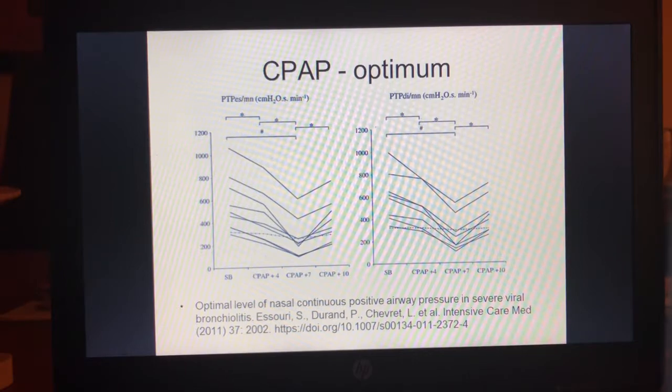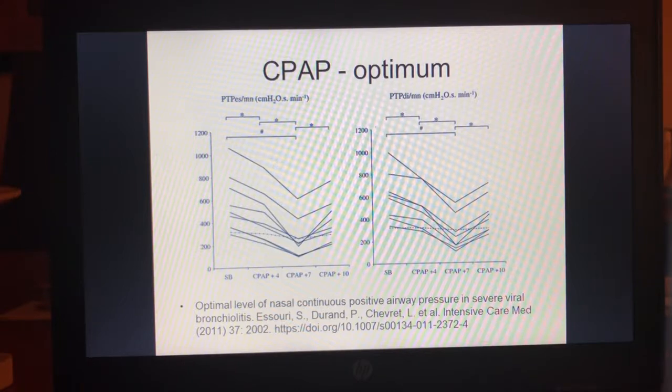And you can see in the left-hand graph that SB, which is spontaneous breathing, shows a degree of work of breathing, and that is clearly significantly reduced by introducing CPAP of 4 centimeters of water pressure, and even further reduced when we go to 7, but then goes back up again a little when we increase the CPAP to 10.